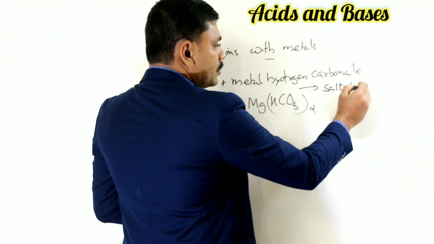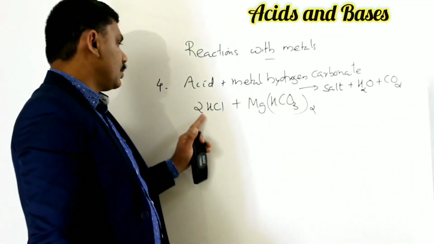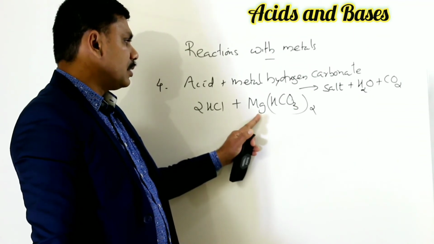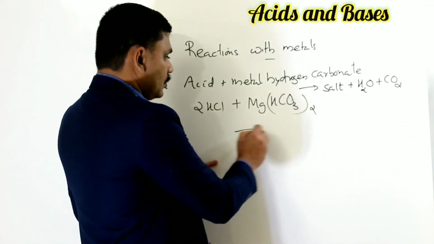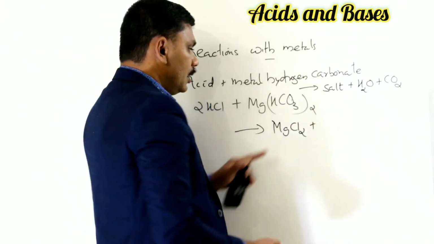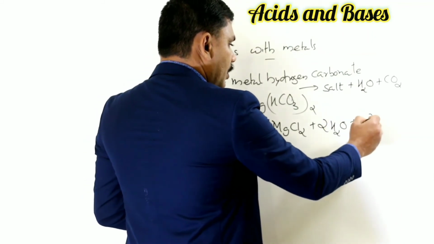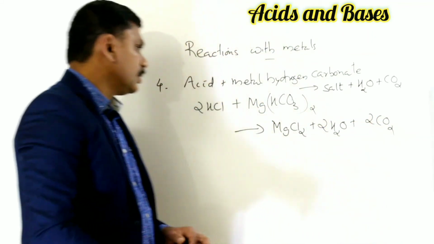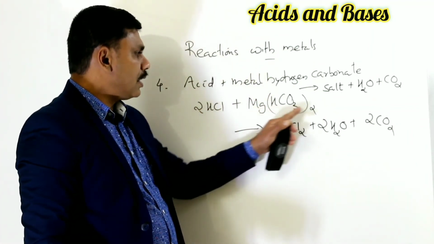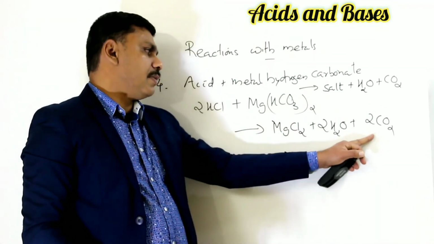This is an acid and this is a metal hydrogen carbonate. Which is the salt here? MgCl2. Then water, 2H2O, plus carbon dioxide. So an acid plus metal hydrogen carbonate also gives salt, water plus carbon dioxide.